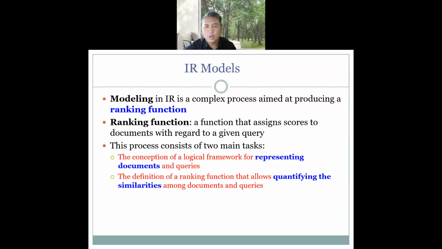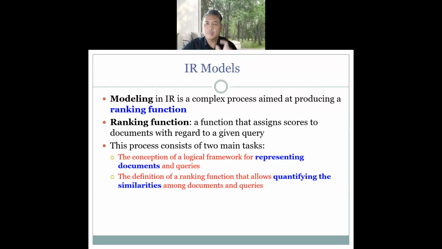It is very hard for us to quantify the document and also the query that we want to look for, and this will not give us a consistent output. So by having this logical framework, and then using the ranking function that we define, we can quantify the similarities among the documents and the queries.